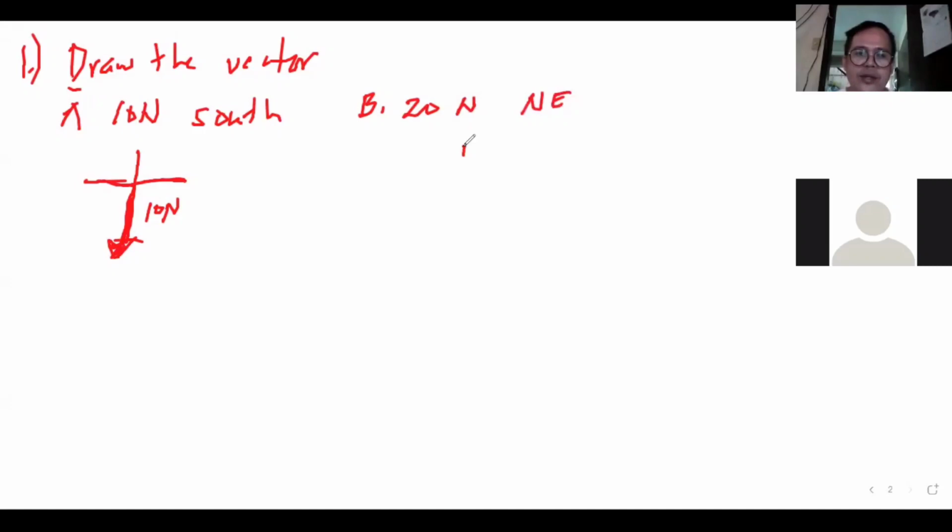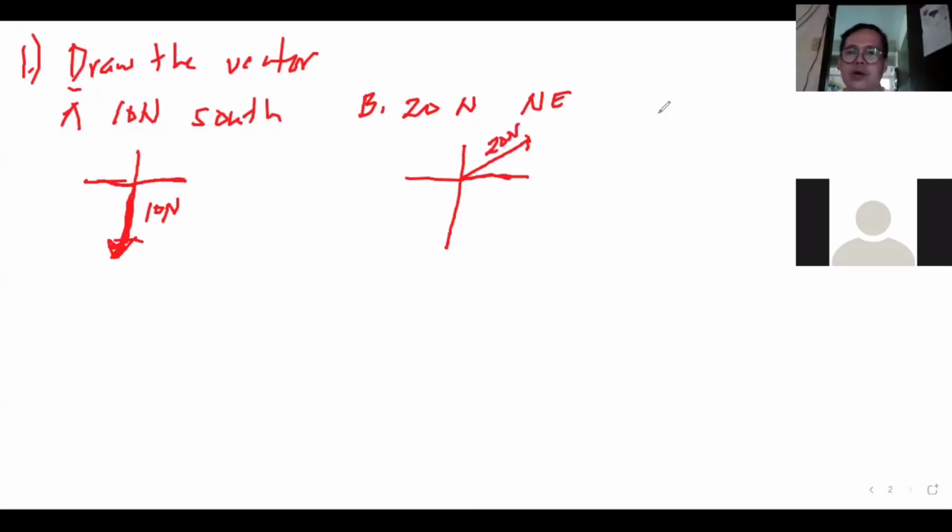Northeast is found in the first quadrant, exactly 45 degrees in the middle of the X and Y axes. So this is 20 Newton.